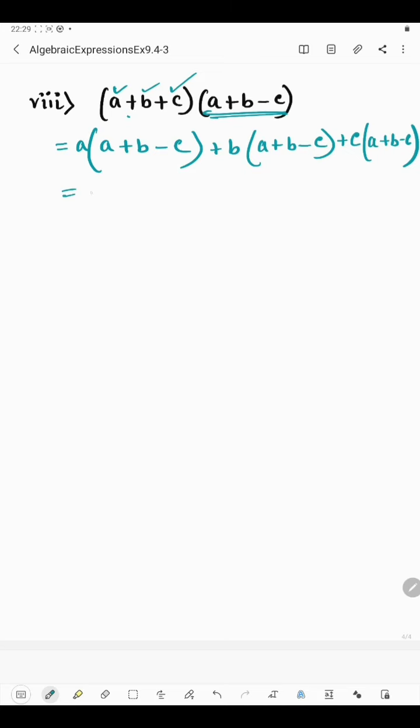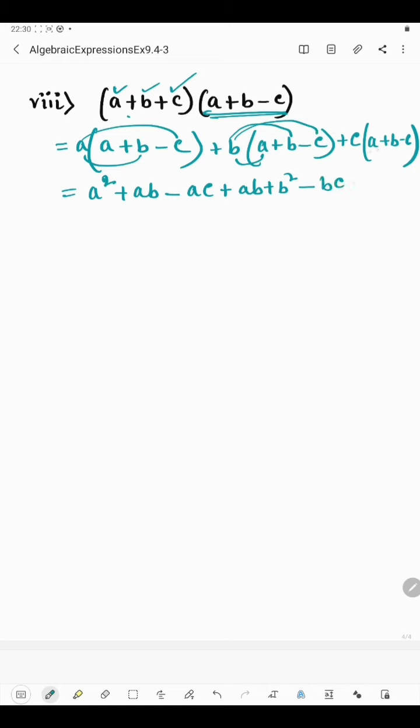Now a into a is a square, plus a into b, ab, minus a into c is ac, plus b into a, ba, or we can write it as ab. Then b into b is b square, minus b into c is bc.